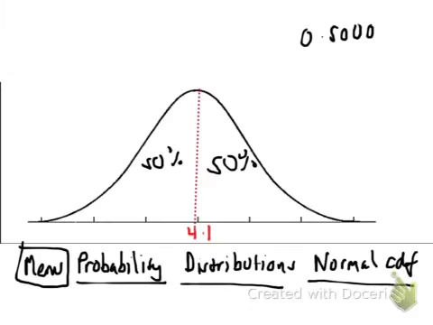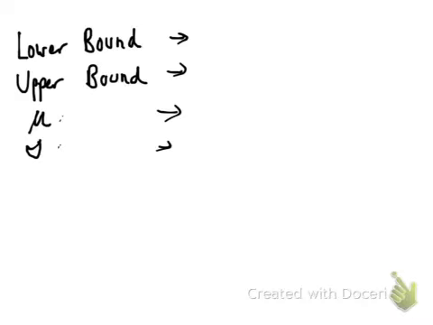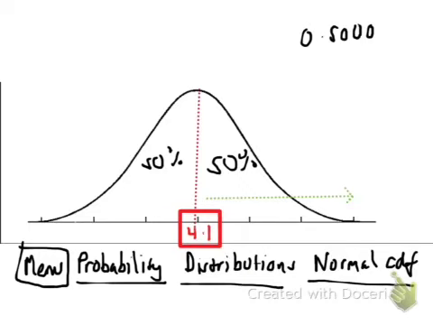Let's go back to what we're trying to find: the probability that the matches are greater than 4.1 centimetres. So our lower bound is 4.1. What's our upper bound? There's no definite value for that. Since it's greater than 4.1, we put in our upper bound as infinity.